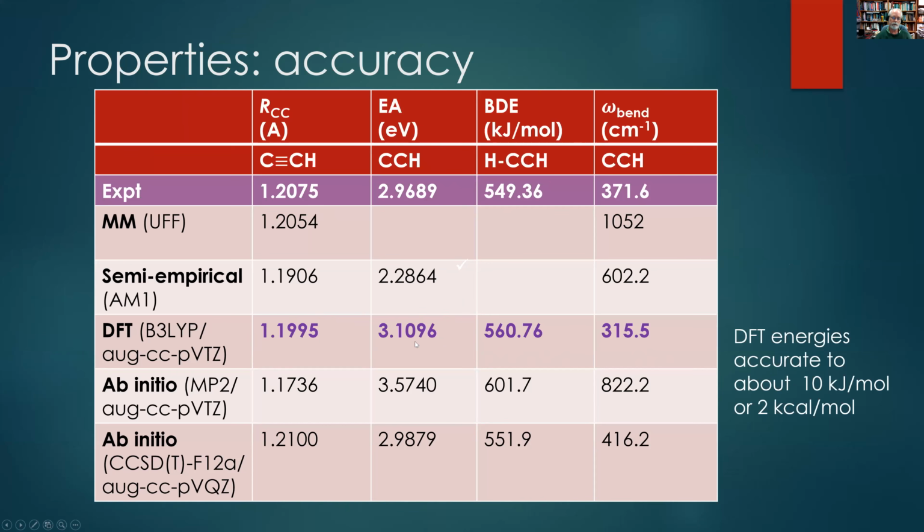That's normally a hard number to calculate well, and you can see we can get some pretty serious errors with methods that we might expect to be pretty reliable. But in fact, with B3LYP, if we use a reasonably large basis set, we can get pretty good numbers. We can get really pretty good numbers for a bond dissociation energy, having acetylene drop off a hydrogen, how much energy has to go in. The DFT method is off by about 10 kilojoules per mole, or about 2 kcals per mole.